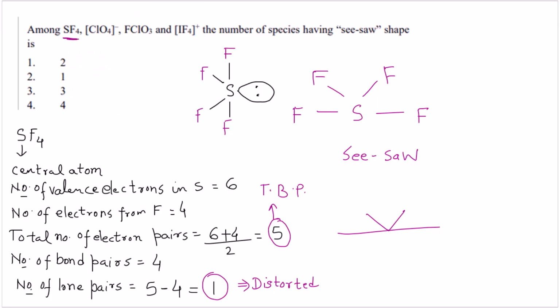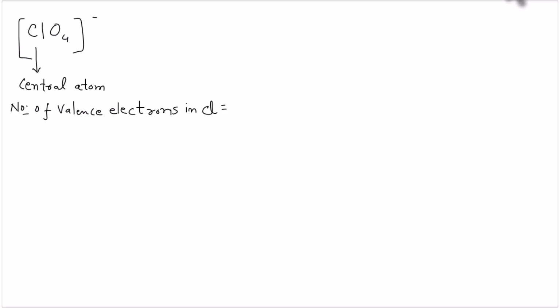Now let's move on to the ClO4 minus compound. Now for ClO4 minus ion, the central atom is obviously chlorine. Then the number of valence electrons in chlorine, so it belongs to the 7th group, so 7 valence electrons. And now how many electrons are contributed by the bonded atom, that is oxygen?